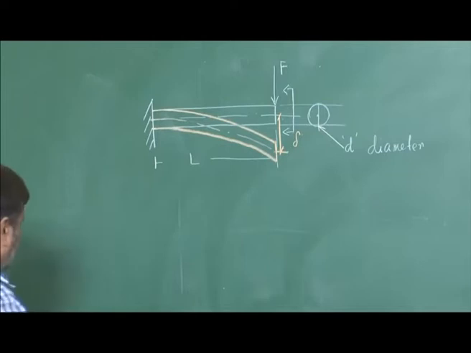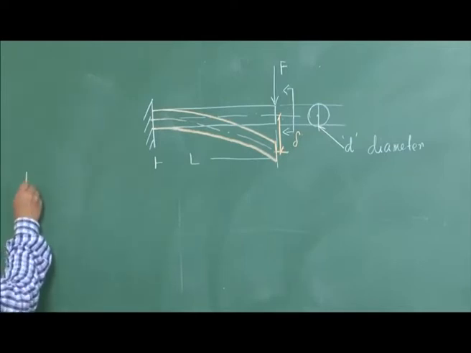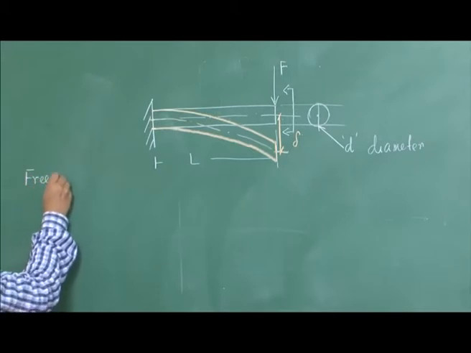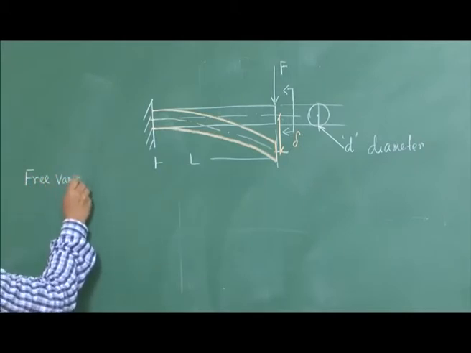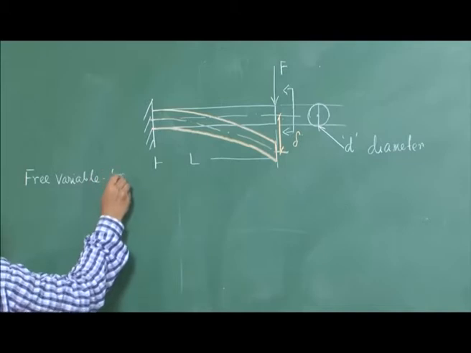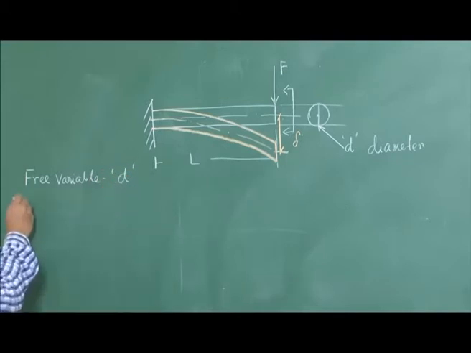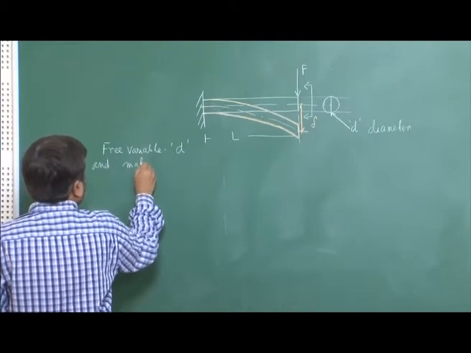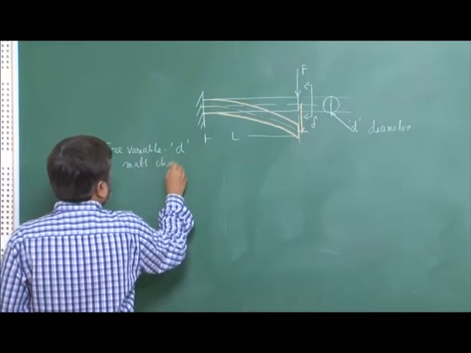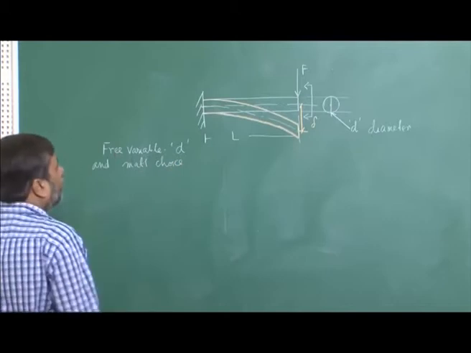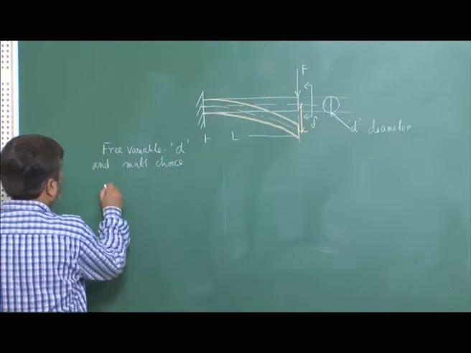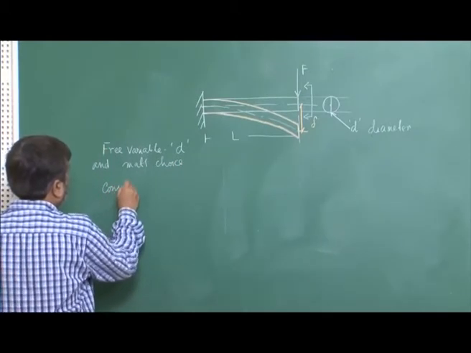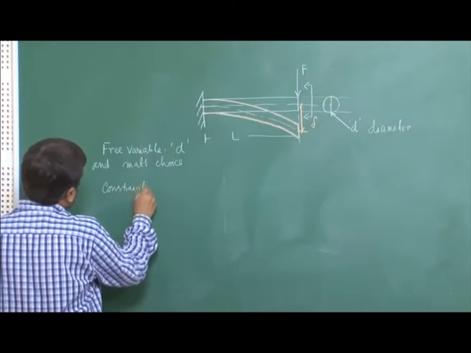So, we can keep in our mind that the free variables are d and the material choice. What is the constraint? What we cannot play with?